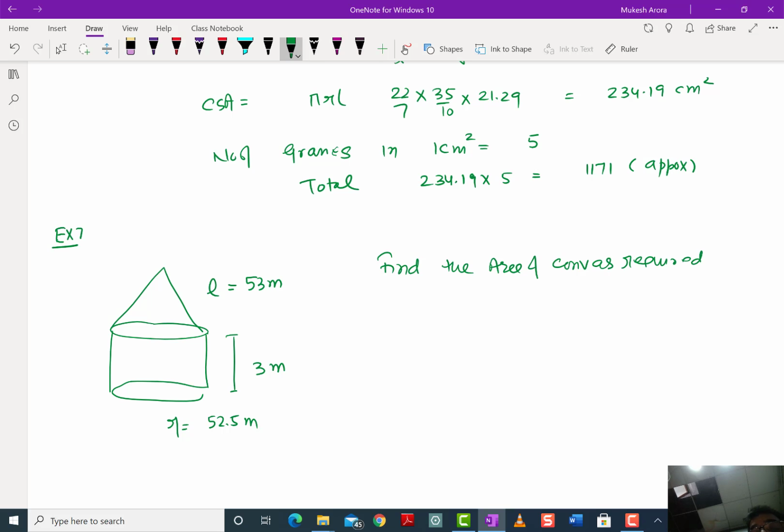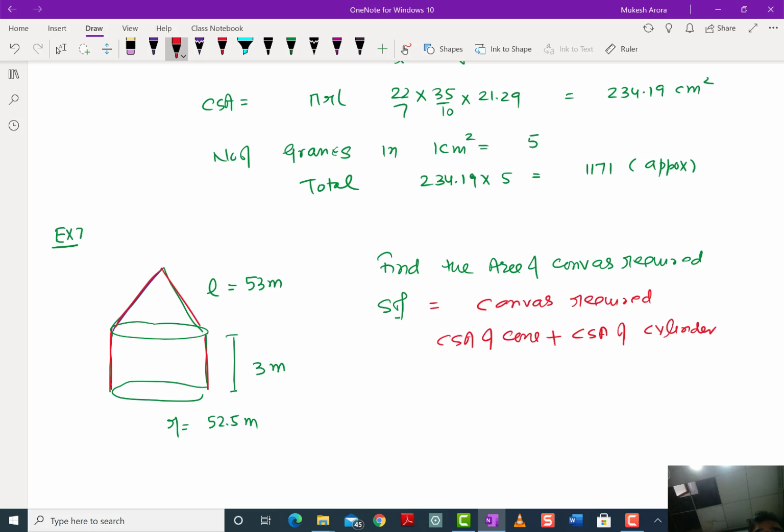So when we require the canvas, we have to put the canvas here and here. That means canvas required is curved surface area of cone plus CSA of cylinder.